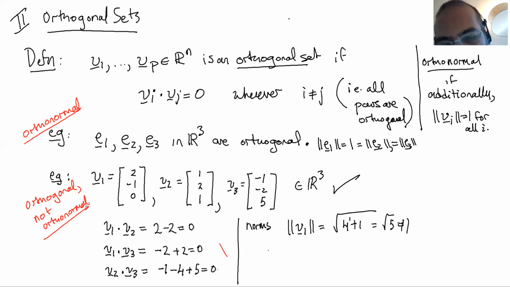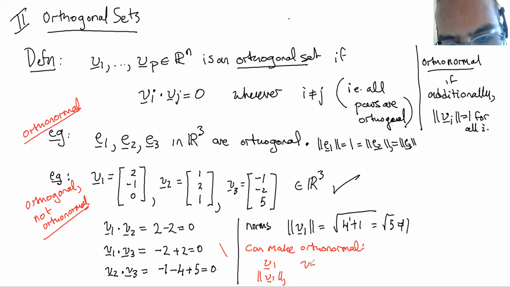I could easily make it orthonormal by dividing every vector by its norm, right? So we can make it orthonormal just by considering u1 divided by its norm, u2 divided by its norm, and u3 divided by its norm.